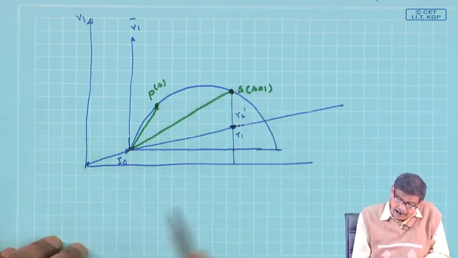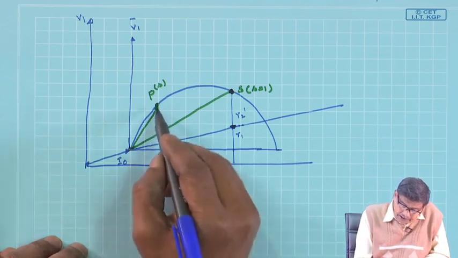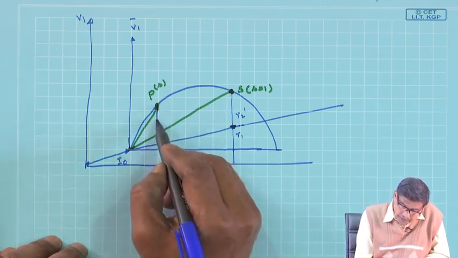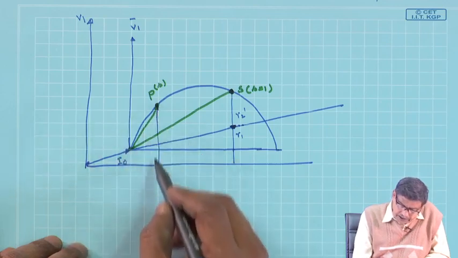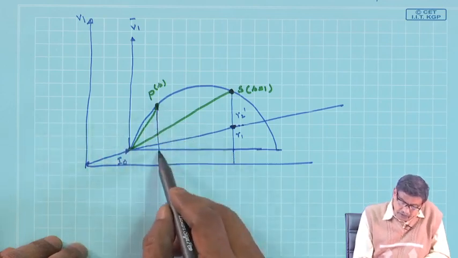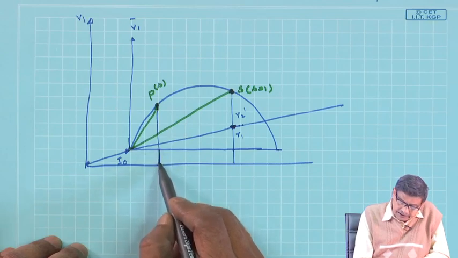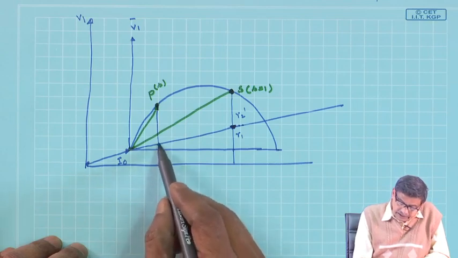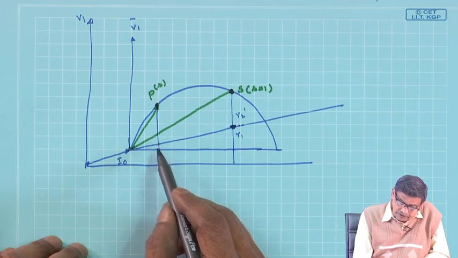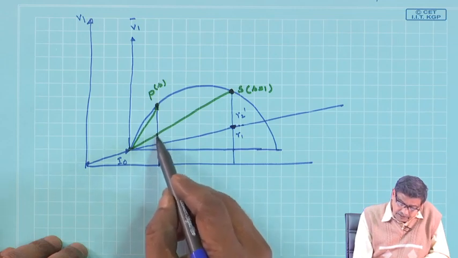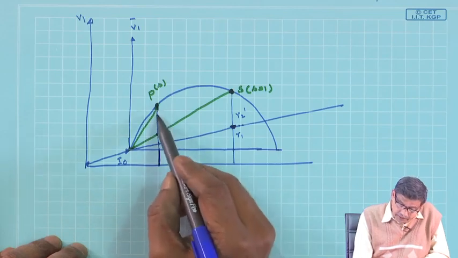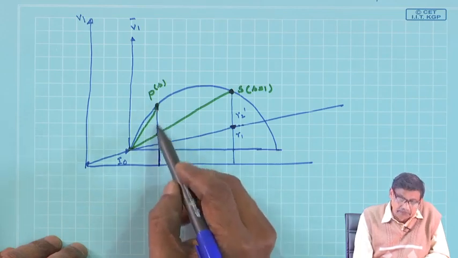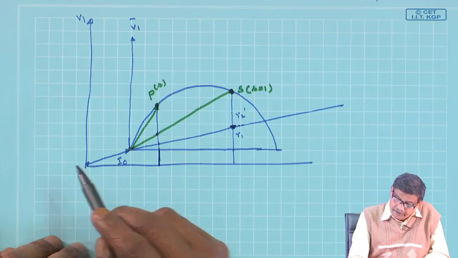And then at any slip S when it operates, if you drop a perpendicular, once again the total input power is given by this length, of which this length will be the constant losses, this length will give you the stator copper loss, this length segment will give you the rotor copper loss, and the remaining power is the mechanical power output of the machine.